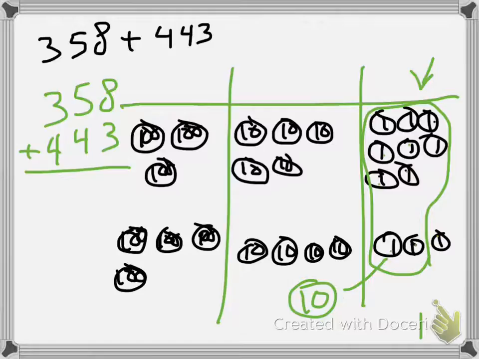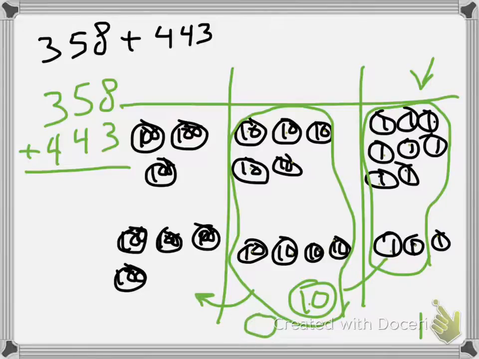So I've got 1 left over here. 1, 2, 3, 4, 5, 6, 7, 8, 9, 10. So I get to bundle these up, move them over here. So I have 0 of those left. Then I've got 1, 2, 3, 4, 5, 6, 7. And I almost forgot to draw that. I've got 1, 2, 3, 4, 5, 6, 7, 8.